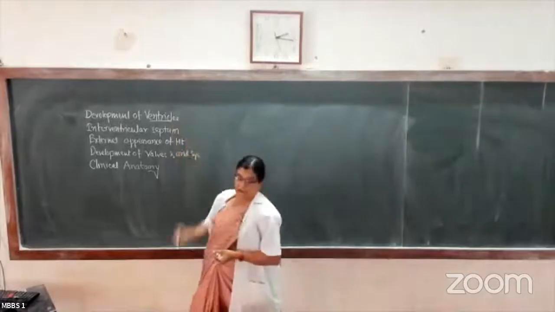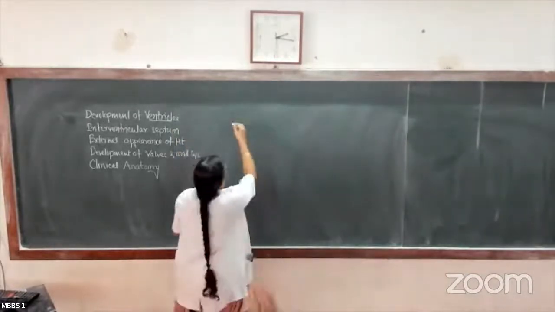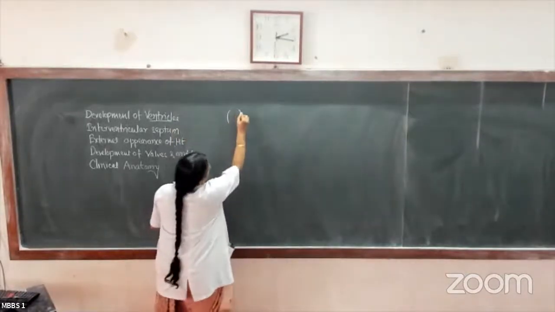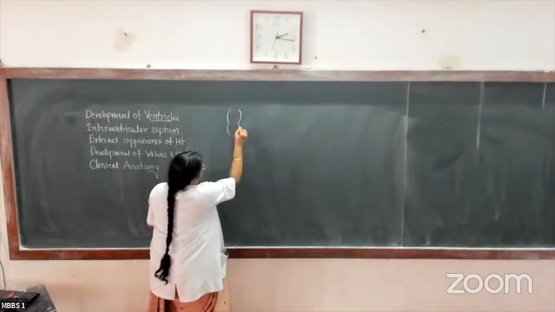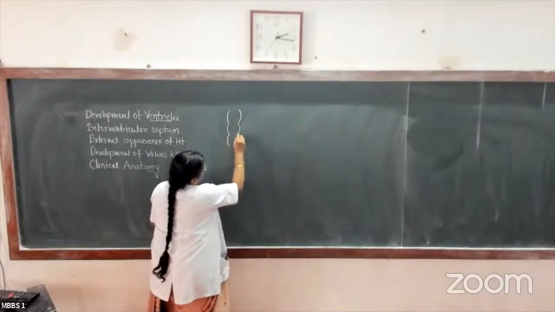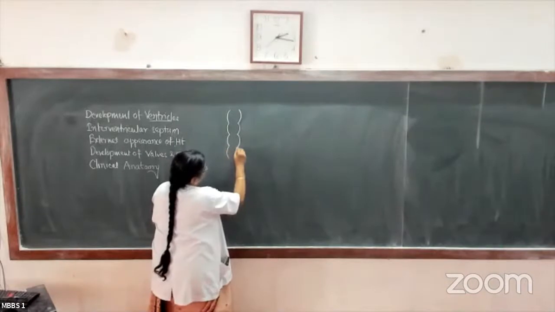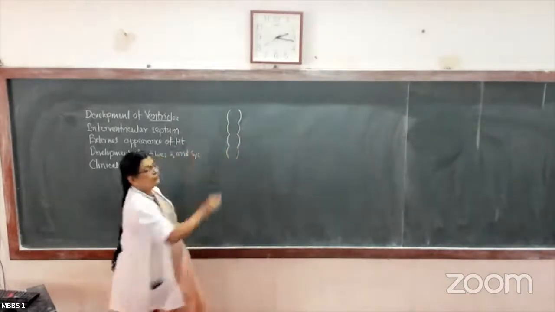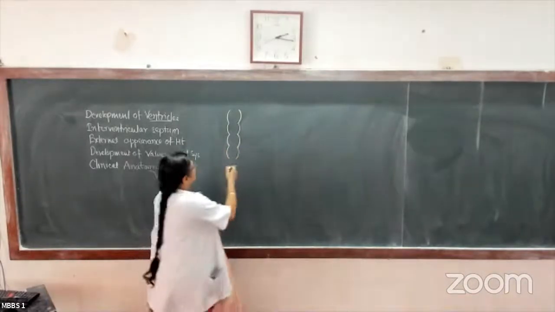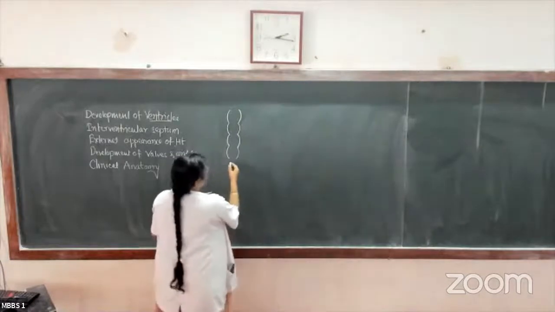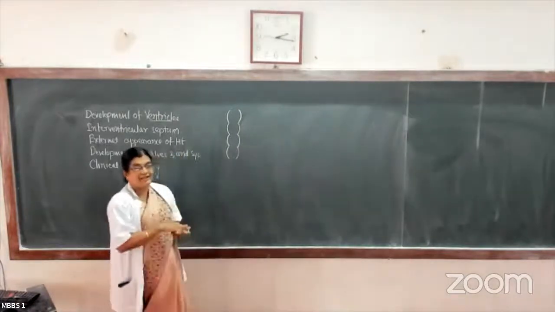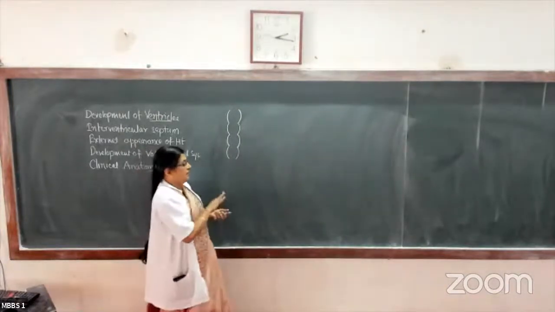So coming to the development of ventricles, we are seeing that there are 4 chambers formed initially from one tube. One tube is formed from union of the 2 tubes, 2 endocardial tubes, which are placed on the ventral aspect of the embryo.